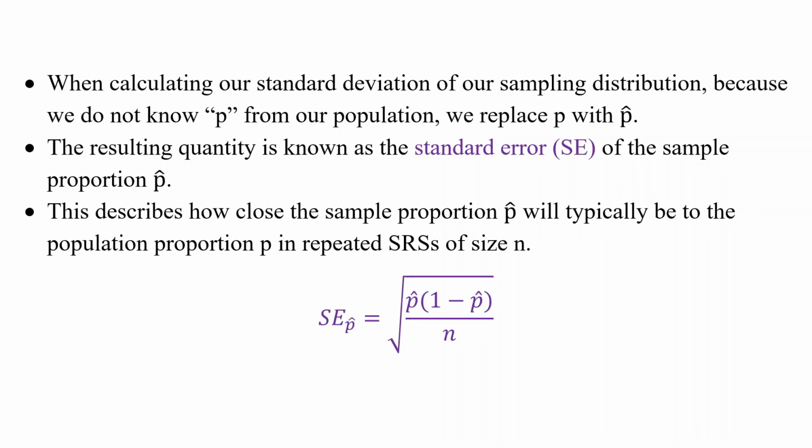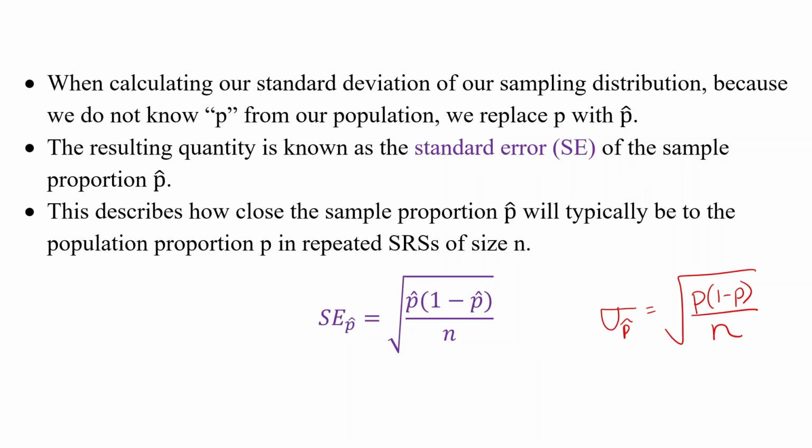Now, the way we calculate it is the same as we did for sampling distributions. It's just that instead of using p, we have to use p-hat. So remember the standard deviation of our sampling distribution for a sample proportion. This is what it was in Unit 5. Now, we replace the p with the p-hat, and that introduces some error into our calculation because, as we've said before, p-hat changes with each sample you take.